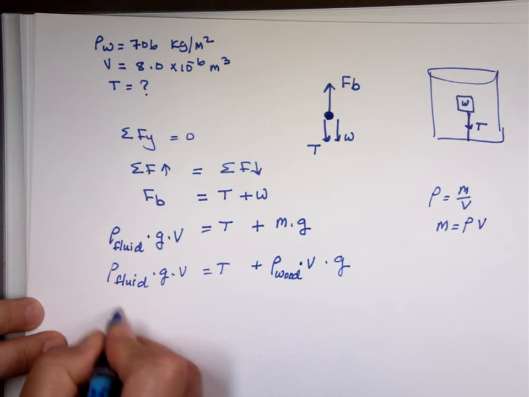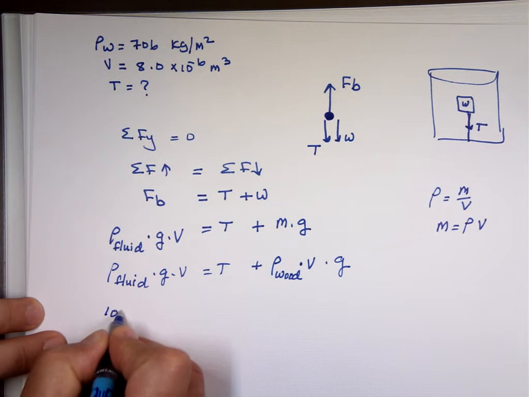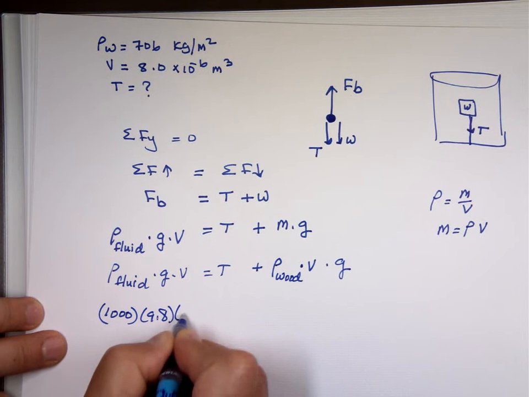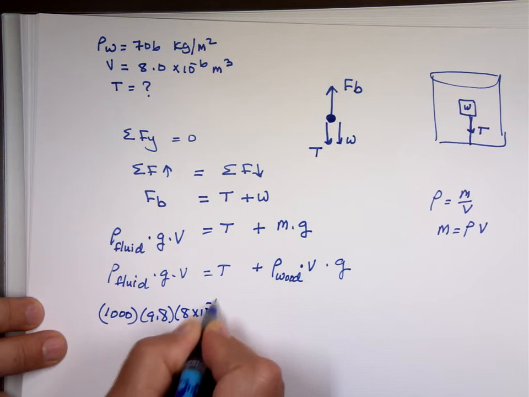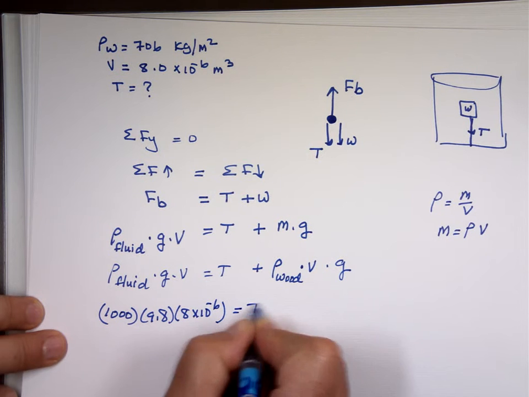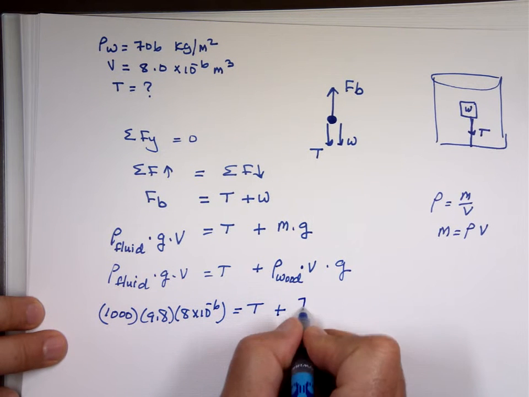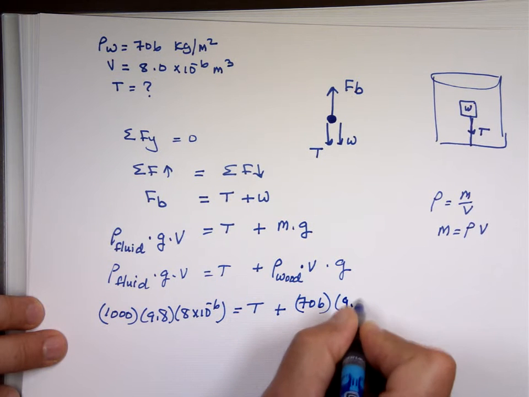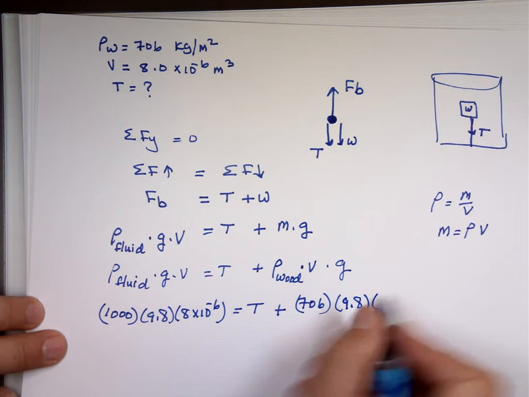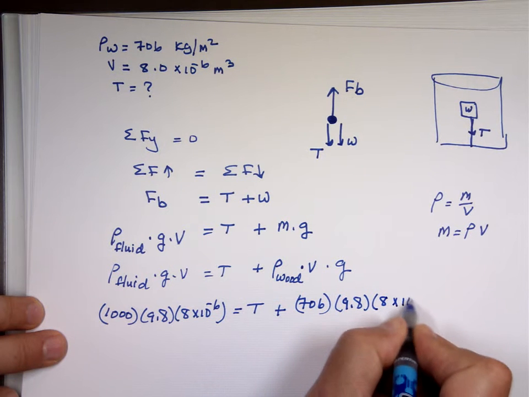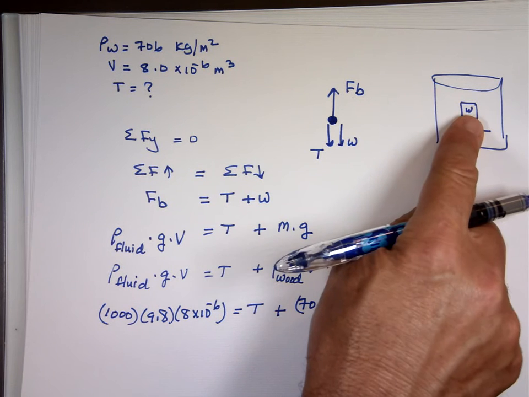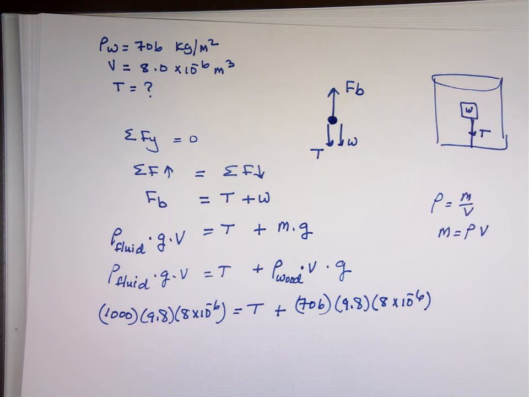The fluid is 1,000. Gravity is 9.8. We know the volume, 8 times 10 to the negative 6, equals the tension plus rho for wood, 706, gravity, 9.8, the volume, which is what? 8 times 10 to the negative 6. Because if you put something that big in the water, that much water is going to come out of it. How many unknowns? 1.